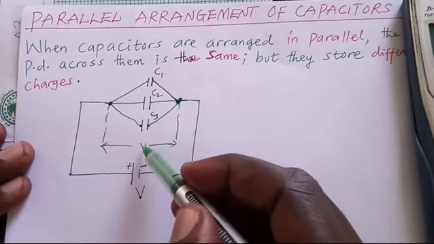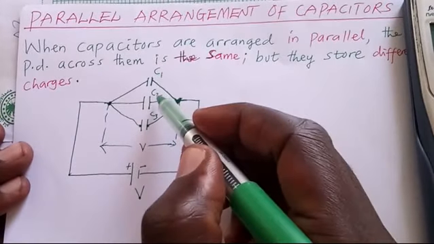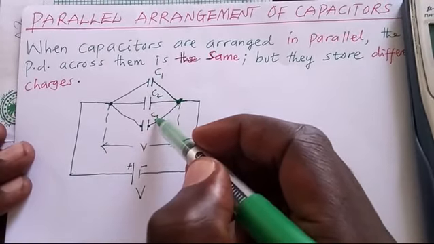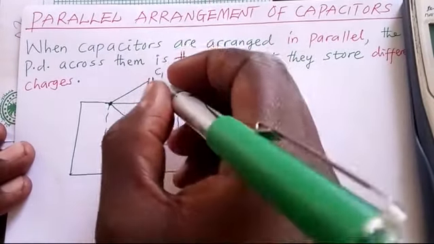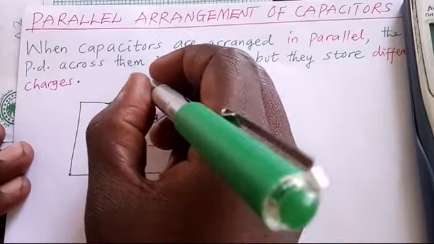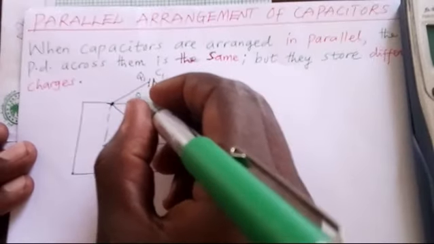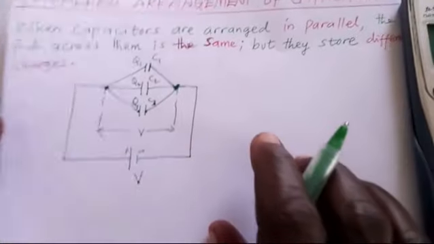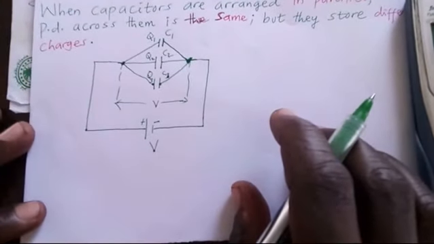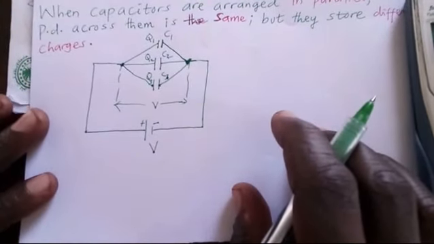So we have V, the PD across C1, C2, and C3. But they store different charges. This one will store a charge Q1, this one Q2, and this one Q3. Now the question is, how do we get the total capacitance, the equivalent capacitance, the effective capacitance?